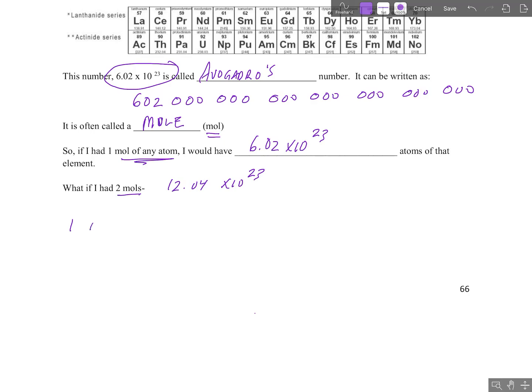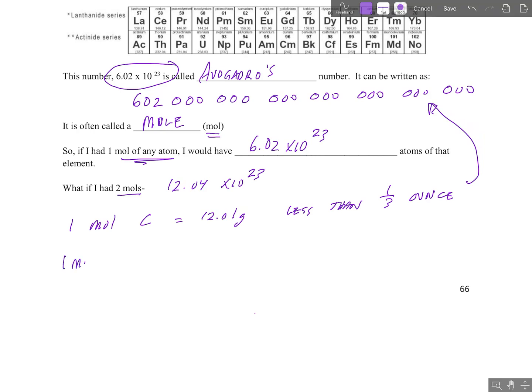So, for instance, if I had 1 mole of carbon, we said that was 12.01 grams, and that is less than 1/3 of an ounce. And it would have this many carbon atoms in it. Let me give you just a couple of examples of how large that number of carbon atoms is.